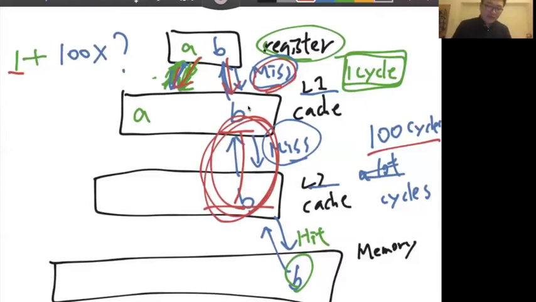So actually here we can get something called the miss rate.